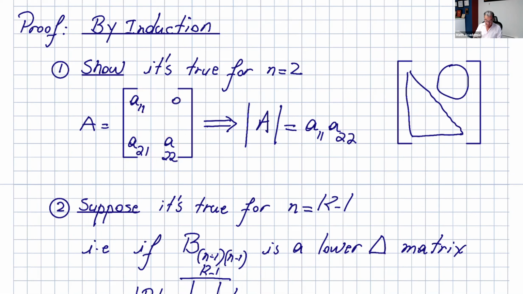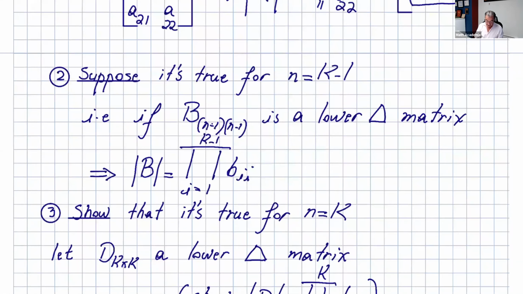If I write the formula for this determinant, it is A11 times A22 minus 0 times A21. 0 times A21 is just 0. So we are just left with A11 times A22, which is the product of the entries in the diagonal. So that works.